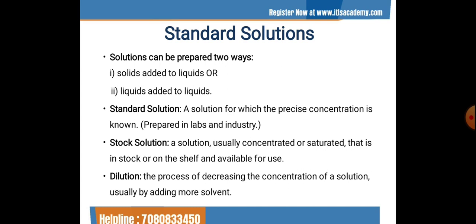As I told in the stock solution, from the stock solution we make a working solution in a laboratory. Some experiments use certain chemicals in dilution form. Suppose many experiments require H2SO4 in dilution form. We do not use H2SO4 in highly concentrated form in every experiment.